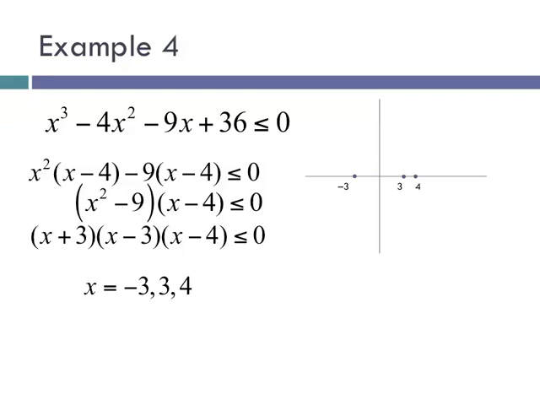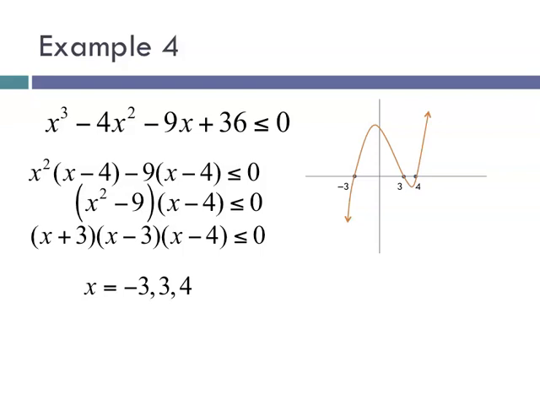Also, we know that the multiplicity for each of these intercepts is 1, which means at each intercept, our graph is going to cross right through that root. So here's a general shape of the graph. Again, the important thing here is that we can identify the parts that are above and below the x-axis.